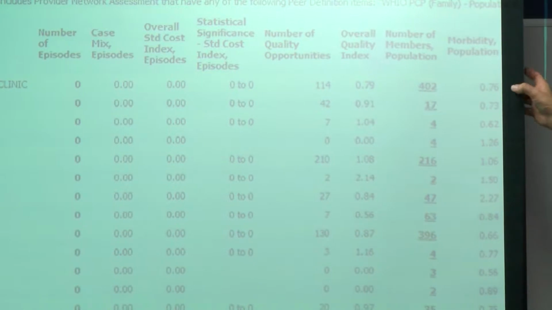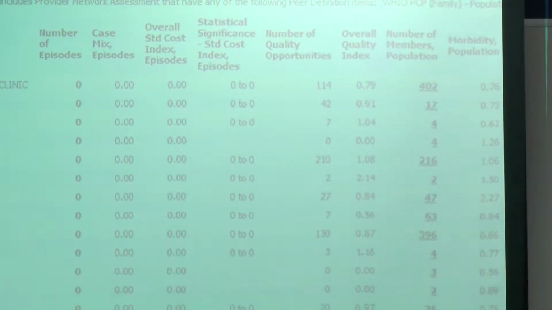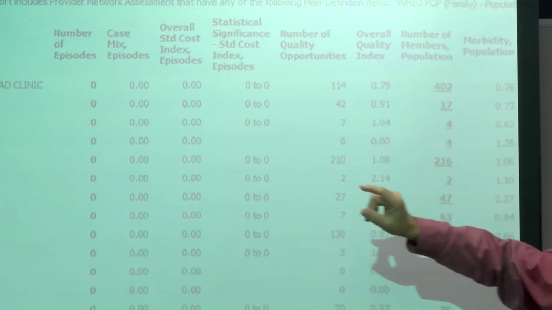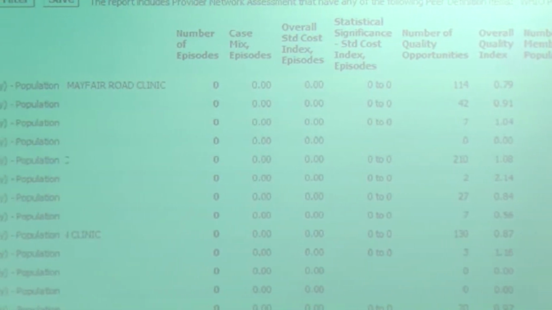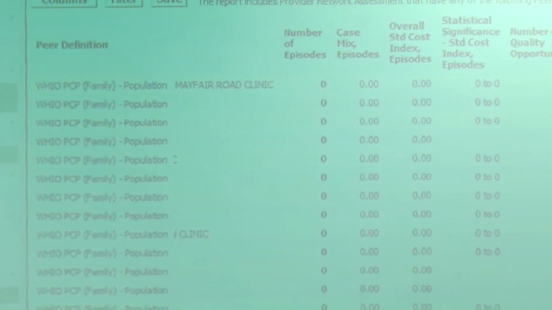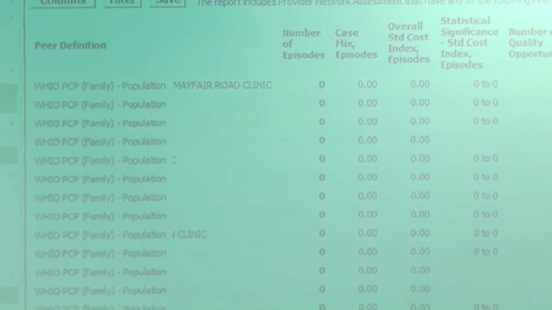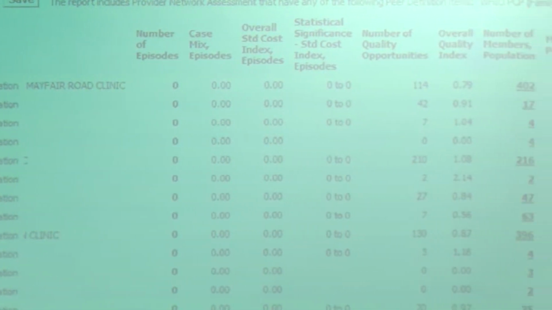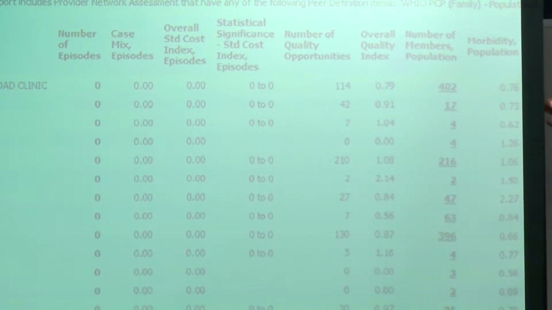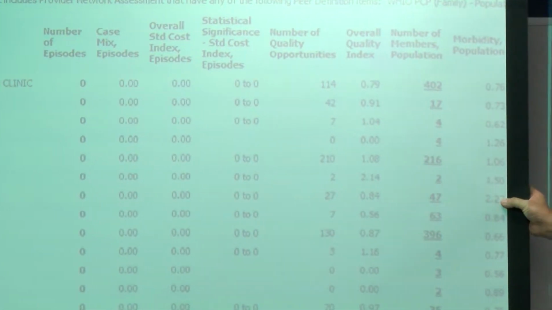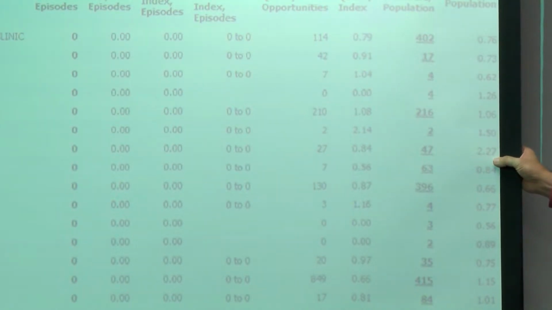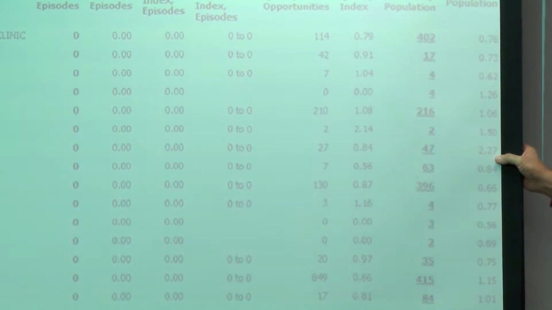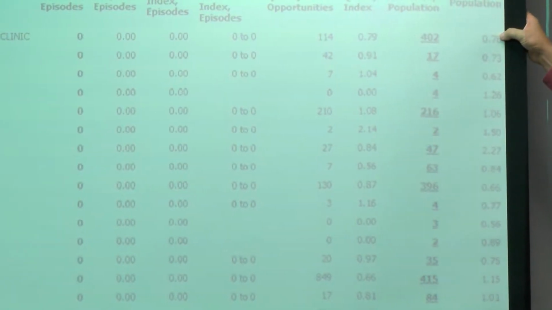So if I see a 0.76 out here, this tells me that the panel of patients, 402 of them, that this provider has in this peer definition is 24% less sick than the average, 1.0 being the average. If we come down a little ways, 47 patients here are 2.27 times sicker than the average. What does that mean? The expectation is they're higher cost. The expectation here means they're lower cost.